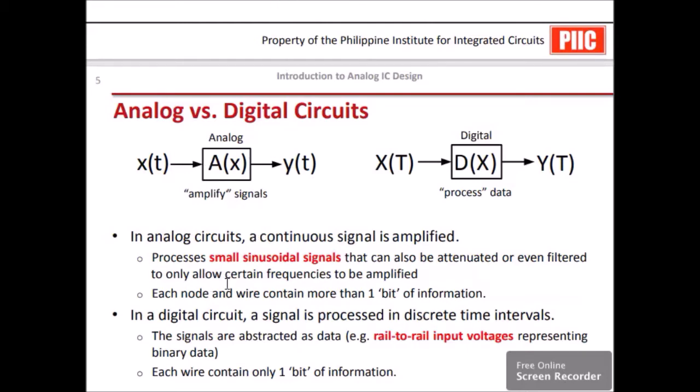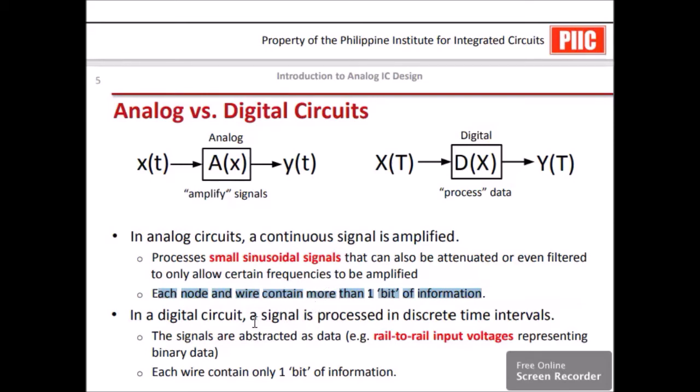In analog, each node and wire contains more than one bit of information, because the signal is a continuous sinusoidal signal, so there is a lot of information we can see on our wire.